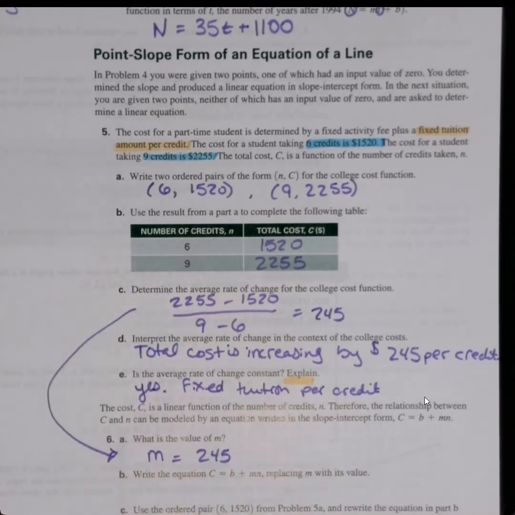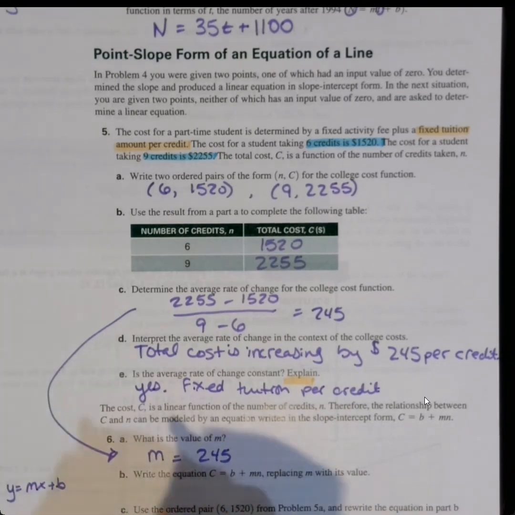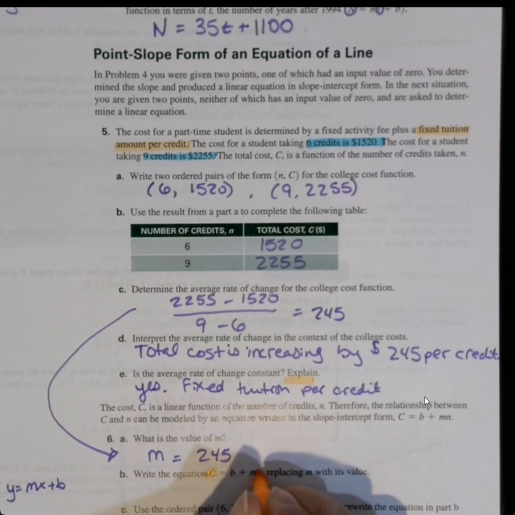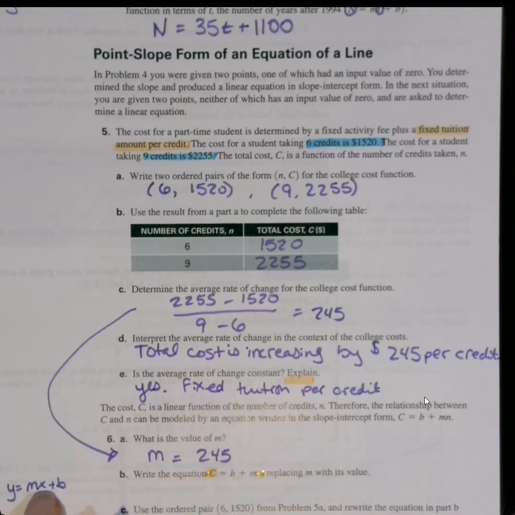So we're going to take our base form of the equation. Again, it would be y equals mx plus b. However, we are going to call the dependent variable c for cost instead of y, and we're going to call the independent variable n instead of x, n for number of credits. And again, these can go in either order.